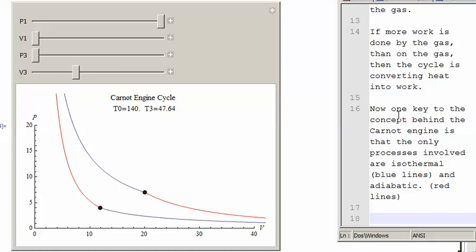Now, one key concept behind the Carnot engine is that the only processes involved are isothermal and adiabatic. These blue lines are called isotherms, and the red curves here are called adiabatic.